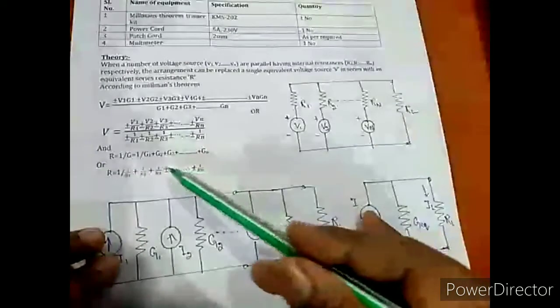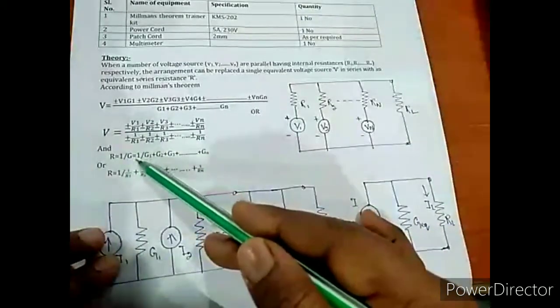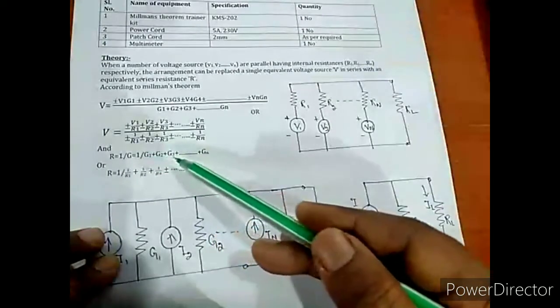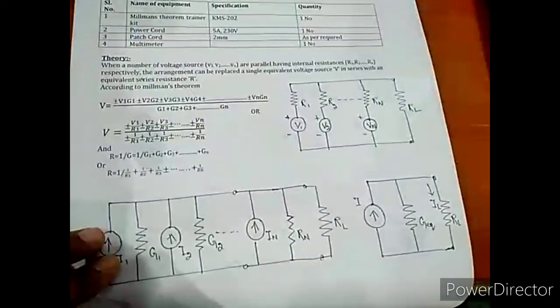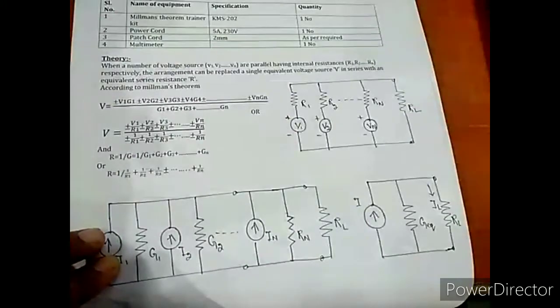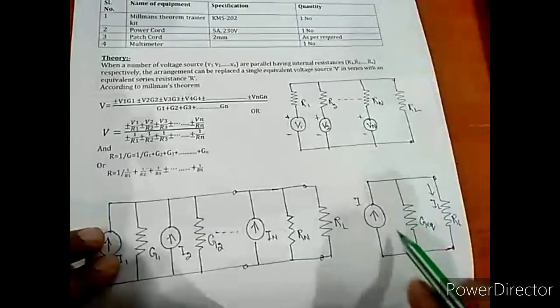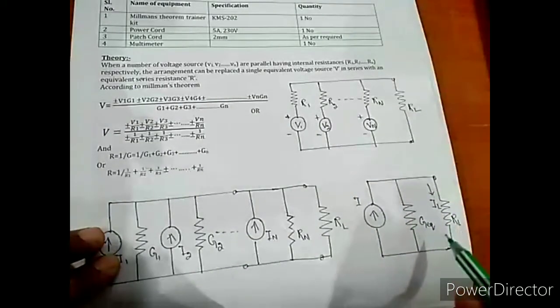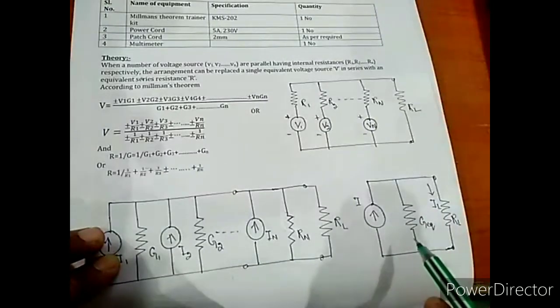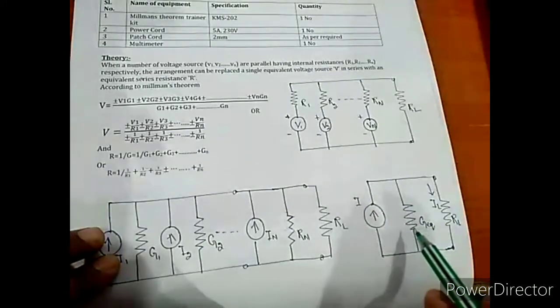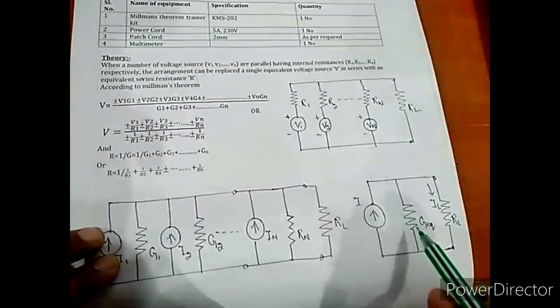Now students, this is the equivalent circuit diagram for Millman's theorem, and if you want to convert it into a voltage source, then the voltage source is V and its magnitude is I into R equivalent, or I divided by G equivalent.